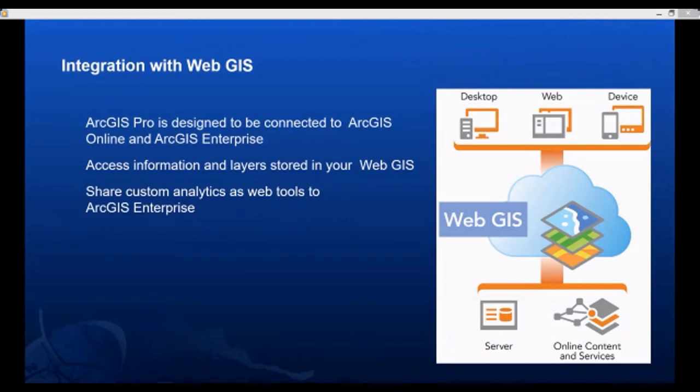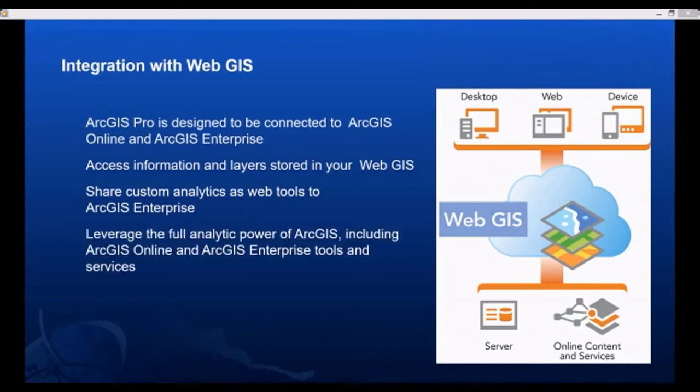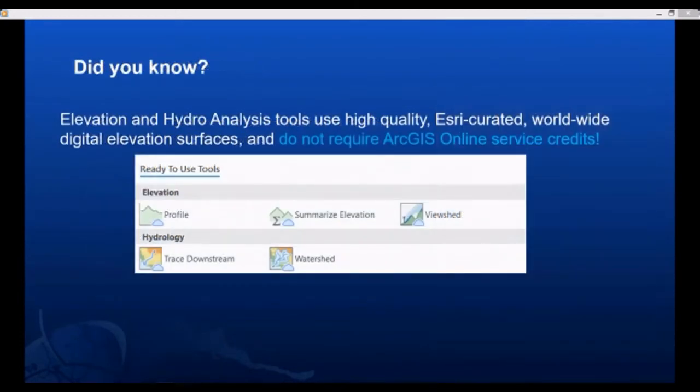You can share custom analytics as web tools to ArcGIS Enterprise and leverage the full analytic power of ArcGIS, including ArcGIS Online and ArcGIS Enterprise tools and services. Did you know that elevation and hydroanalysis tools use high-quality Esri curated worldwide digital elevation surfaces and don't require any ArcGIS Online service credits?